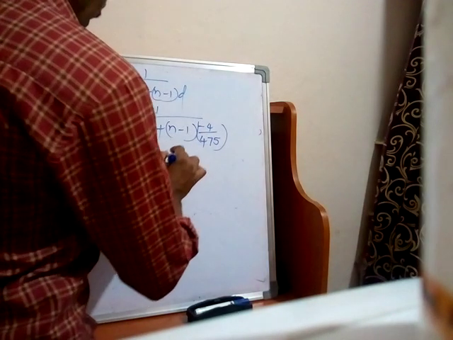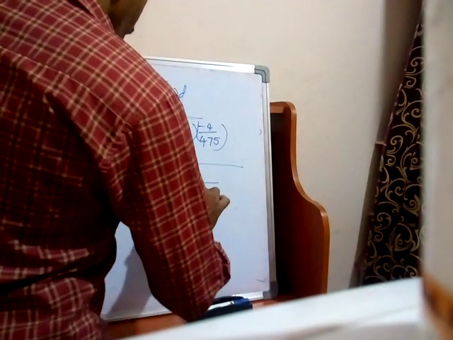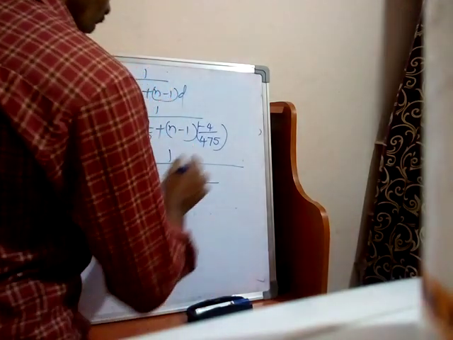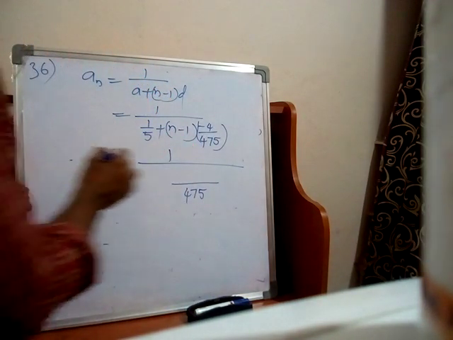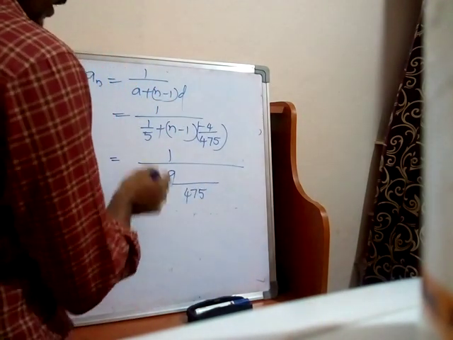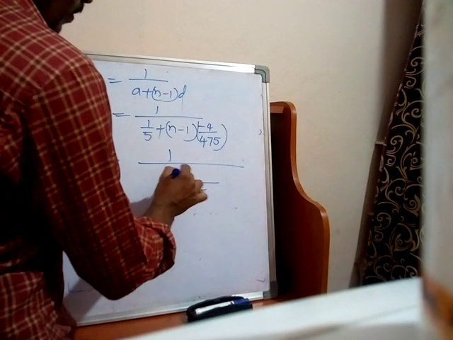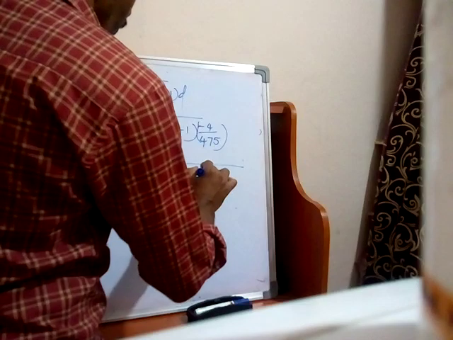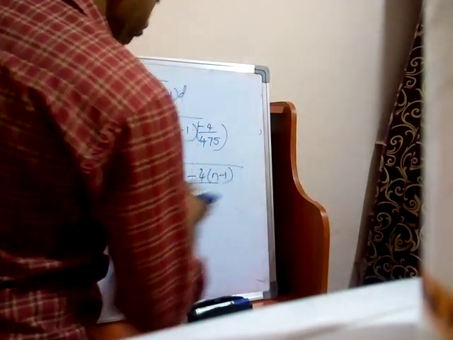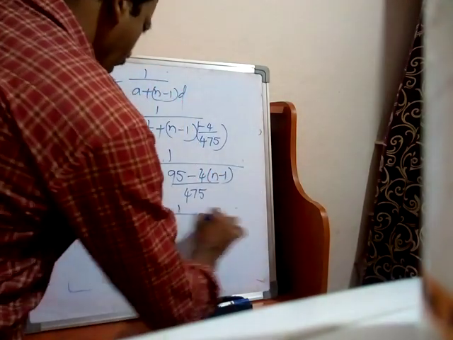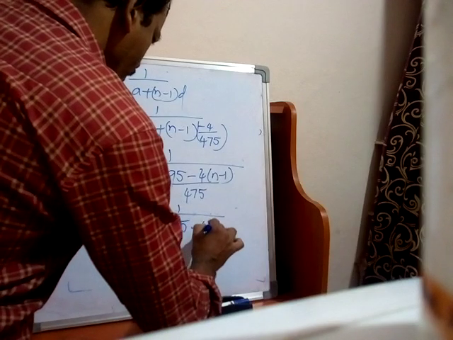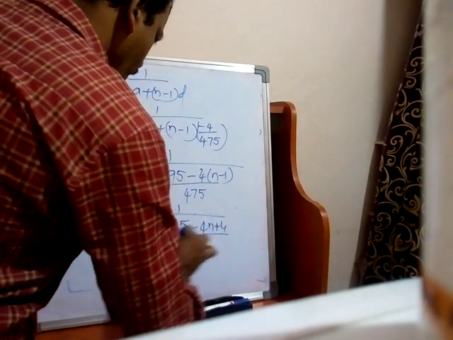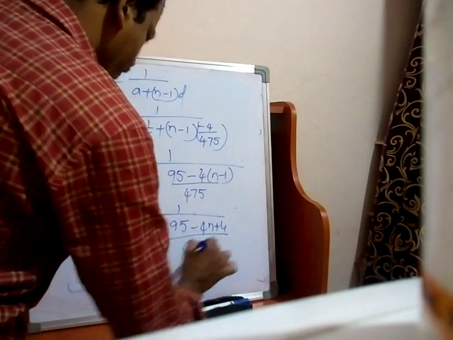Okay, so take the LCM. 475 is the LCM. 5 times 95 is 475. So 95 minus 4 times (n minus 1) by 475, which is 95 minus 4n plus 4 by 475.